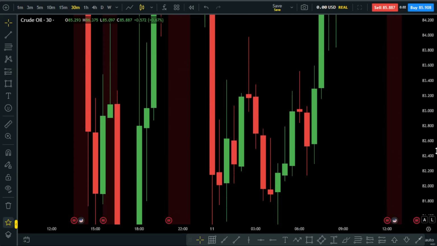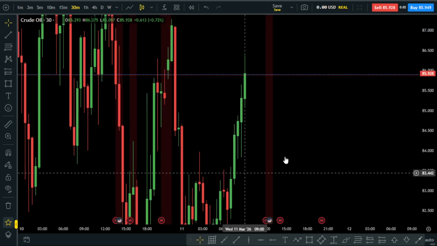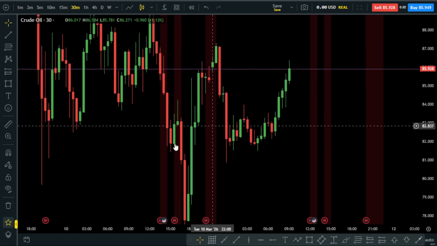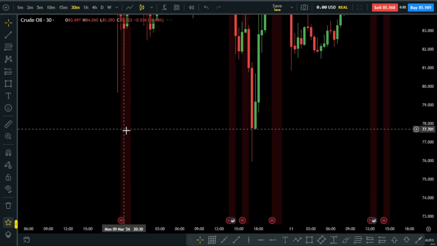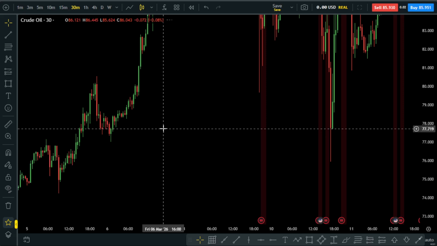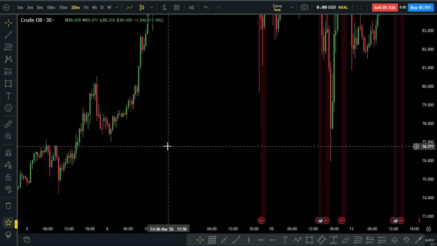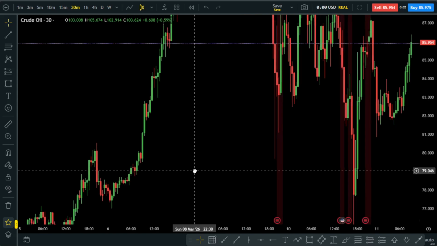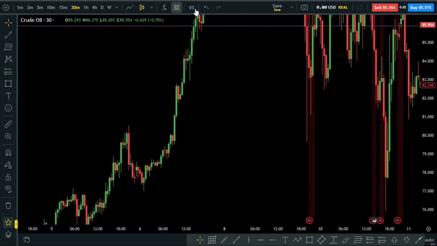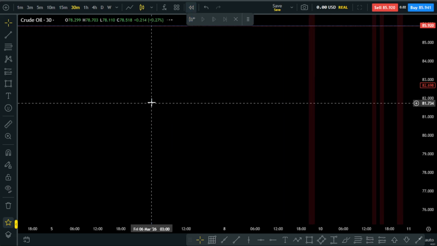Let's try to see some examples where the order block failed. Example, this one. Let me just start. Okay, somewhere like this.